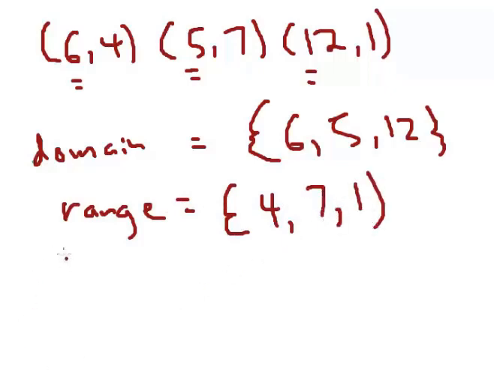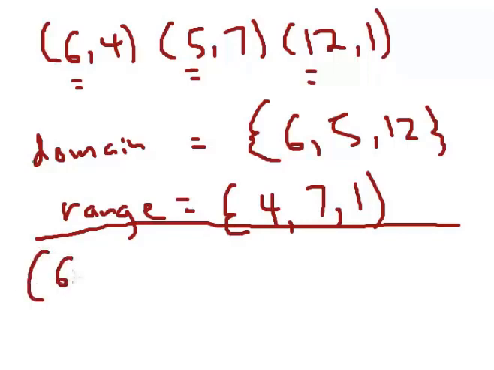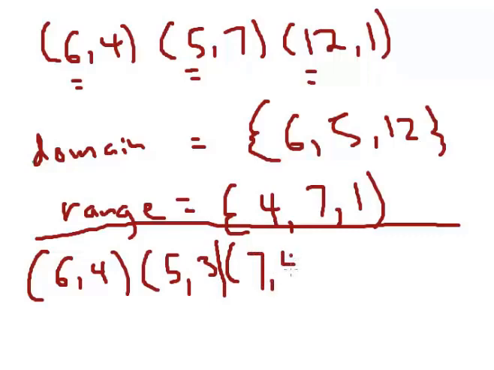Now let's change this a little bit. I'll give you 2 more examples, and I want to discuss whether they're considered functions or not. Let's say we had 6, 4, and we had 5, 3, and we had 7, 4.